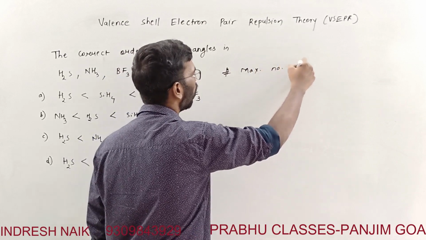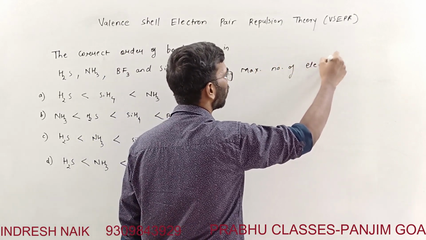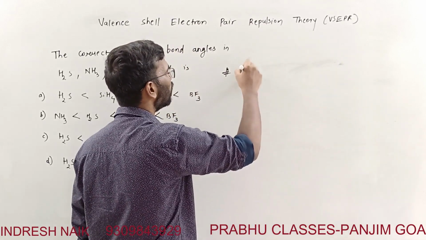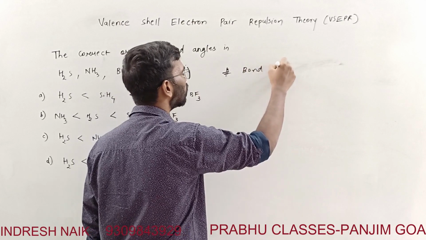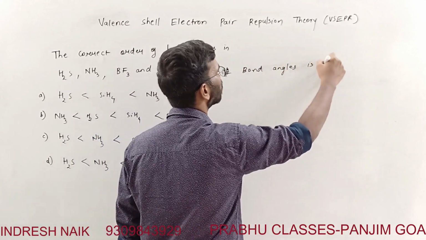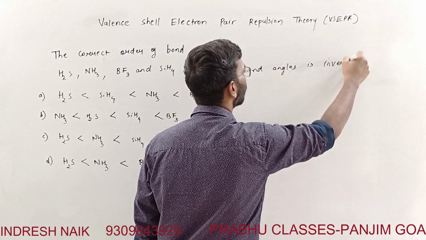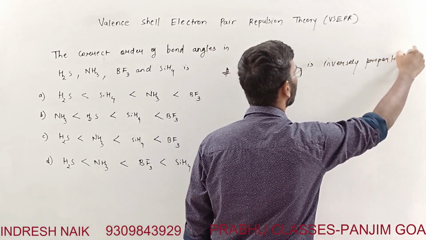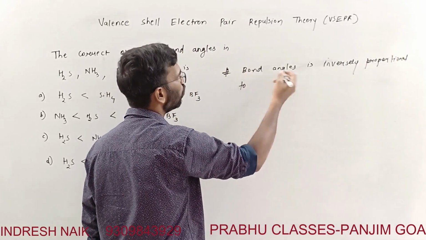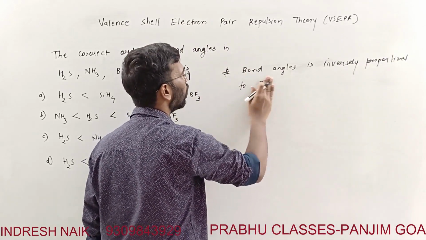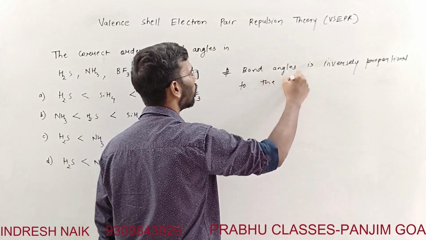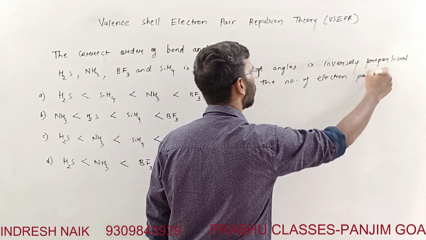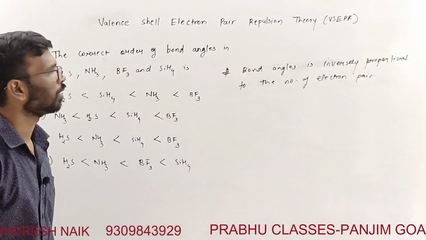Bond angle is inversely proportional to the number of electron pairs. More is the number of electron pairs, less will be the bond angle.